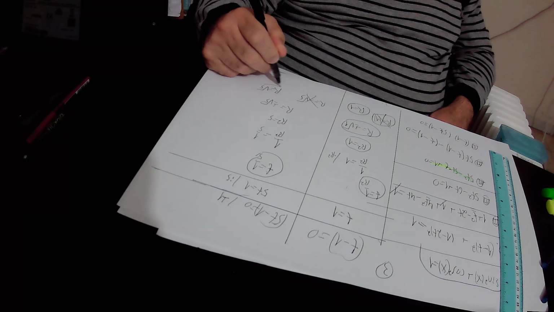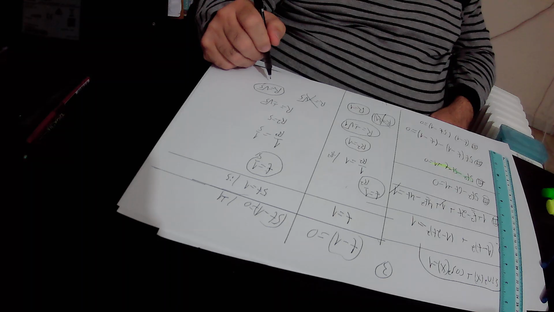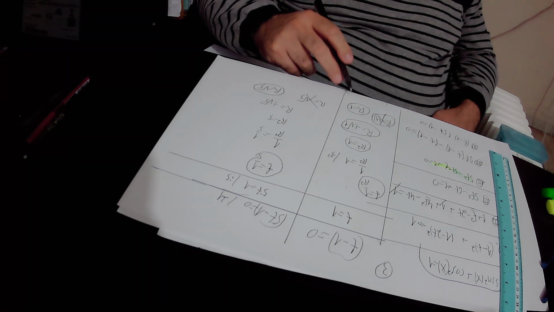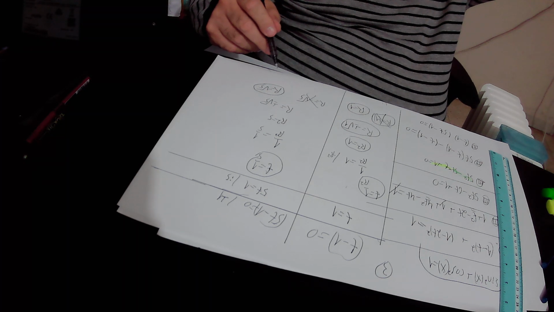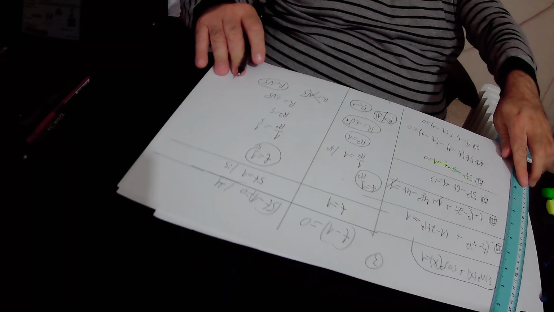So in conclusion, we have two possible solutions for the radius: either r equals 1 unit, or r equals the square root of 5 units.